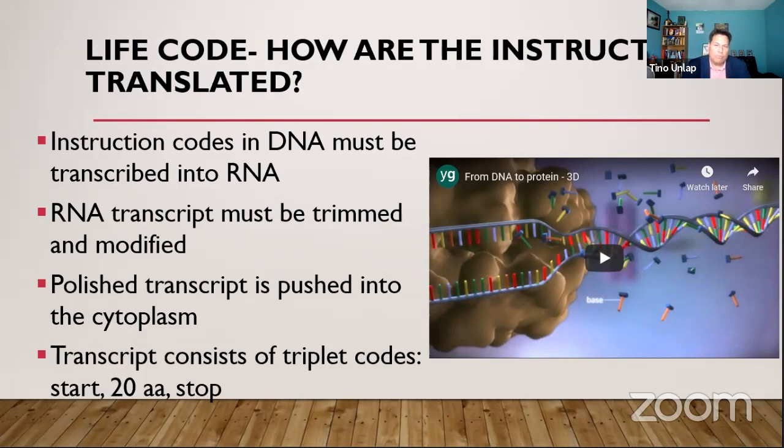That transcription process occurs in the small part of the cell called the nucleus. That transcript must be trimmed. It must be processed. It must be polished for stability. And then once it's polished and it's ready, it is then shipped out of the nucleus into the surrounding environment within the cell.